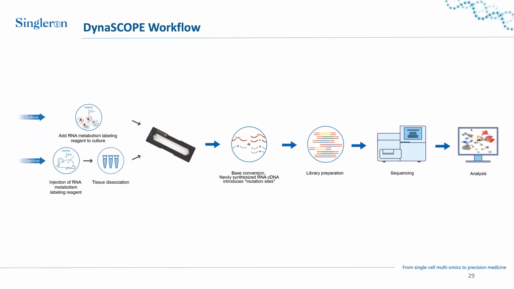This is how a workflow would look. You have two different options. You can use the culture version, where you add the labeling reagent to the cell culture, but you can also choose an injection version, where you inject the reagent directly into, for example, your mouse, and then analyze this.